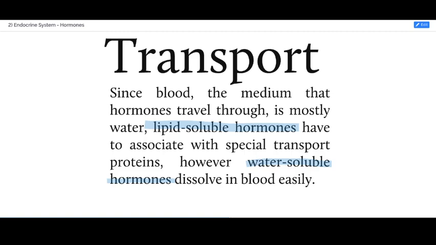And albumin has its own role to play in blood, which we'll talk about in the next section when we start the cardiovascular system. But it also has pockets where lipid-soluble molecules can slip in to be protected from the water environment of the blood.